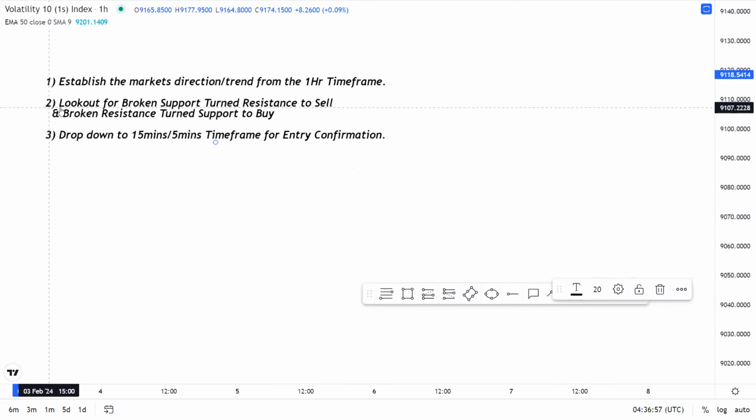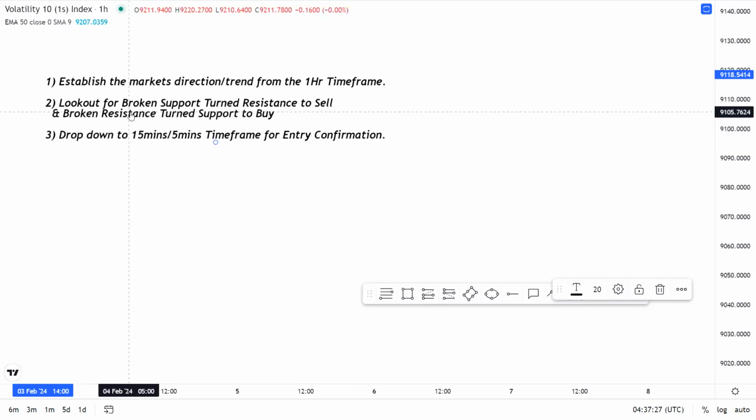Afterwards, you move to identifying your areas of interest, where you want to get in on your trade opportunity in line with the trend bias. That's simply you look out for broken support turned new resistance to sell, and broken resistance turned new support to buy.